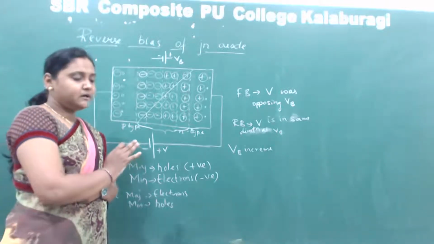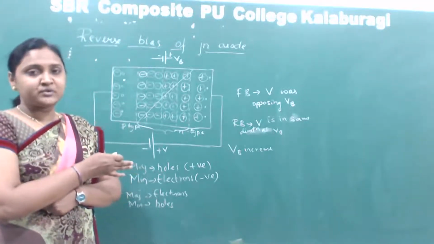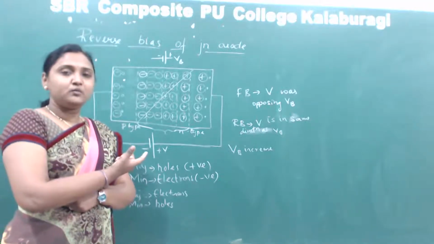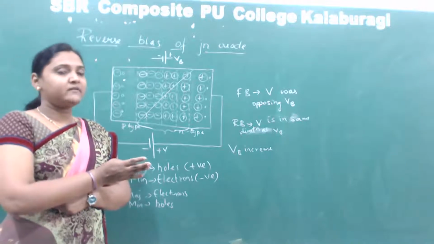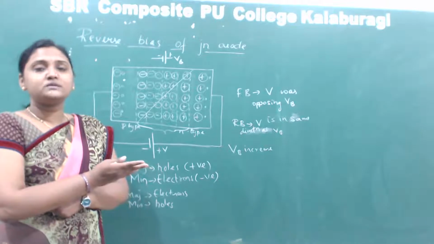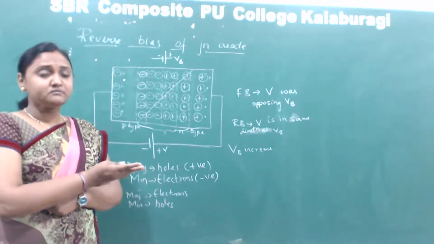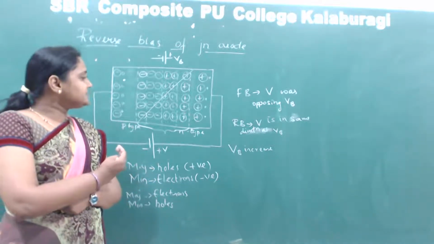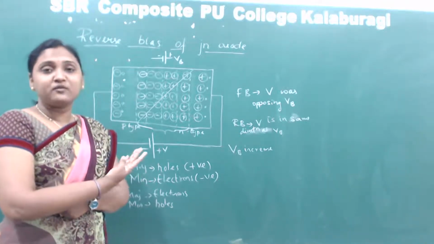In the forward bias condition, what was happening? The wall, the barrier, the depletion region reduced, and beyond the value VB, it was completely ineffective. It was not having any effect over the electrons or holes. So the electrons or holes were freely moving and conducting. Hence the current was flowing through the diode. But in this reverse bias condition, the depletion region has further increased.